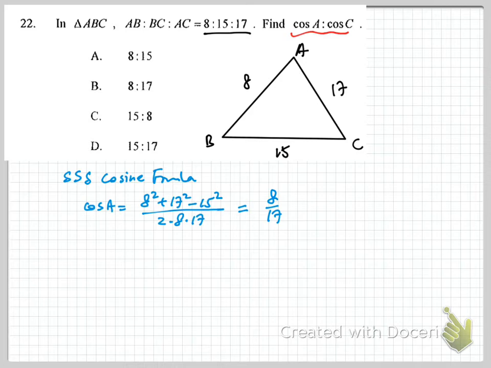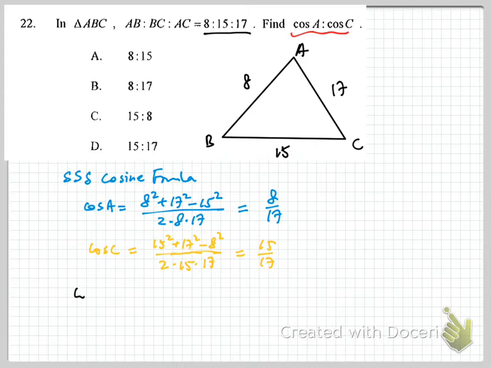By similar token, we can find cosine C. That would be 15 square plus 17 square minus 8 square, divided by twice 15 times 17. And that simplifies to 15 over 17. It's very important that you know which side goes where in the triple S cosine formula.